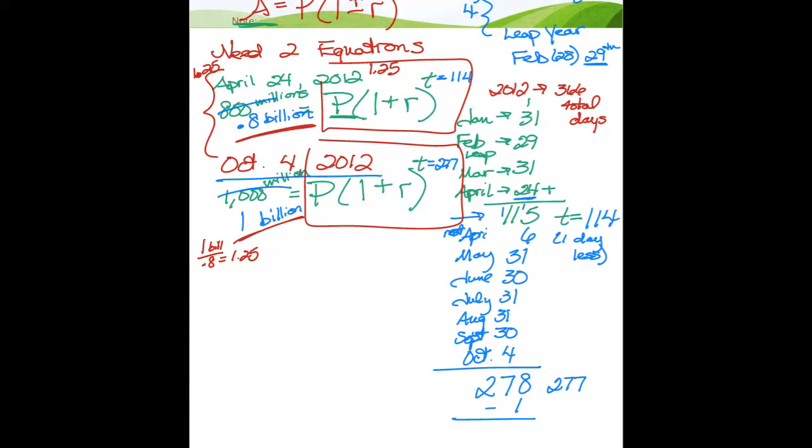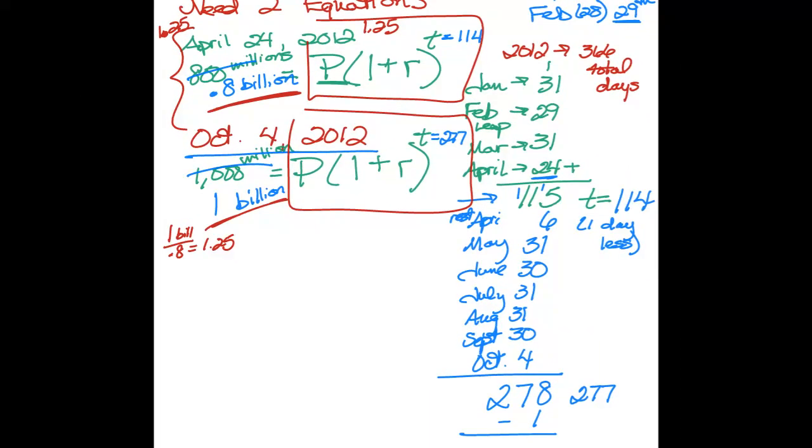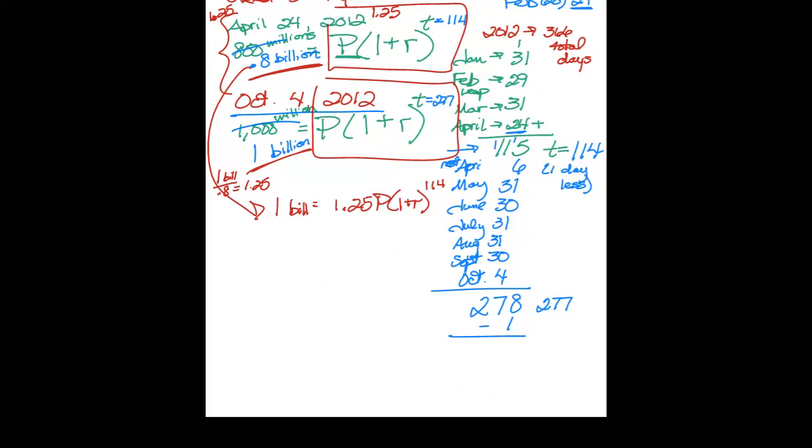Okay? Which gives me 1.25 times 0.8 billion, I'm going to do this down here, is 1 billion, which is equal to 1.25 times P times 1 plus R to the 1/14th power. Now this is 1 billion.